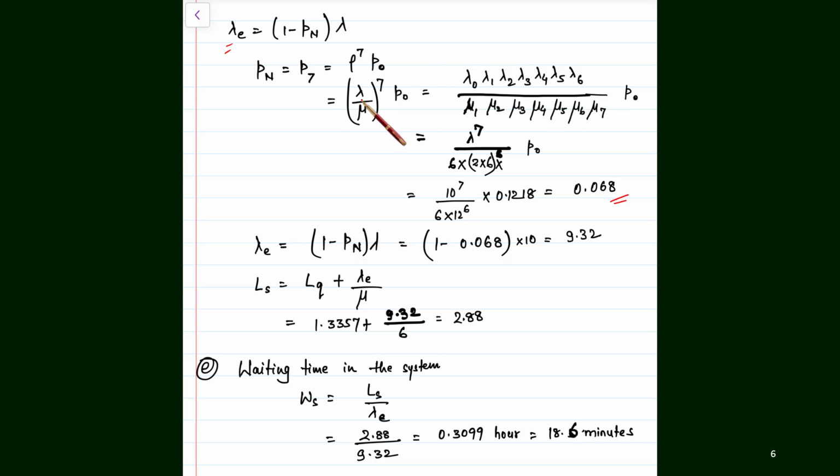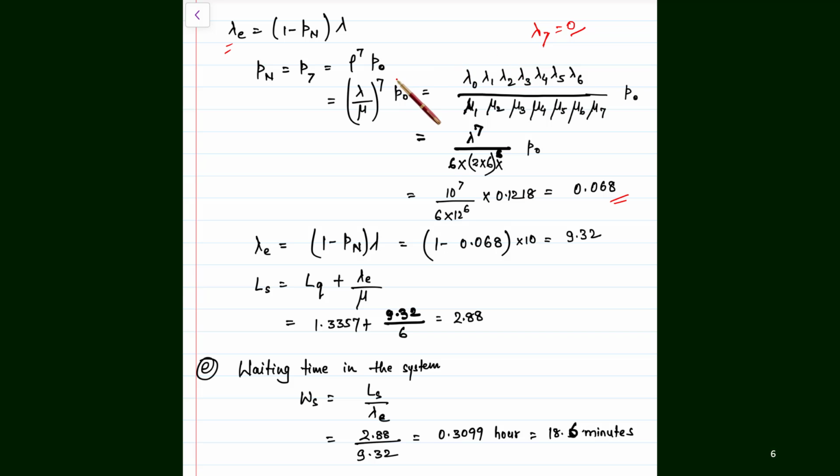See what happens, I was telling that lambda is the arrival, this is the arrival pattern, you know. So the arrival pattern after lambda 7 is equal to 0, because as soon as there are 7 in the system, there will not be any arrival.